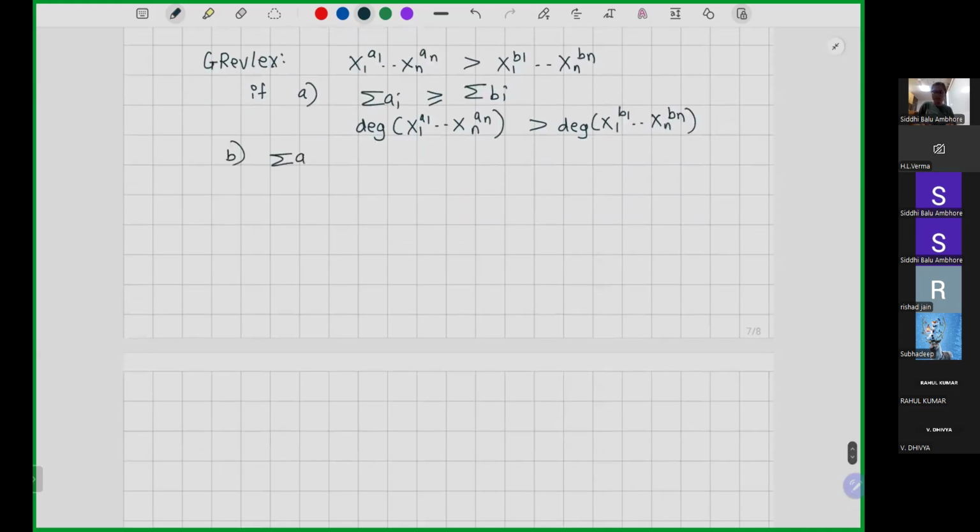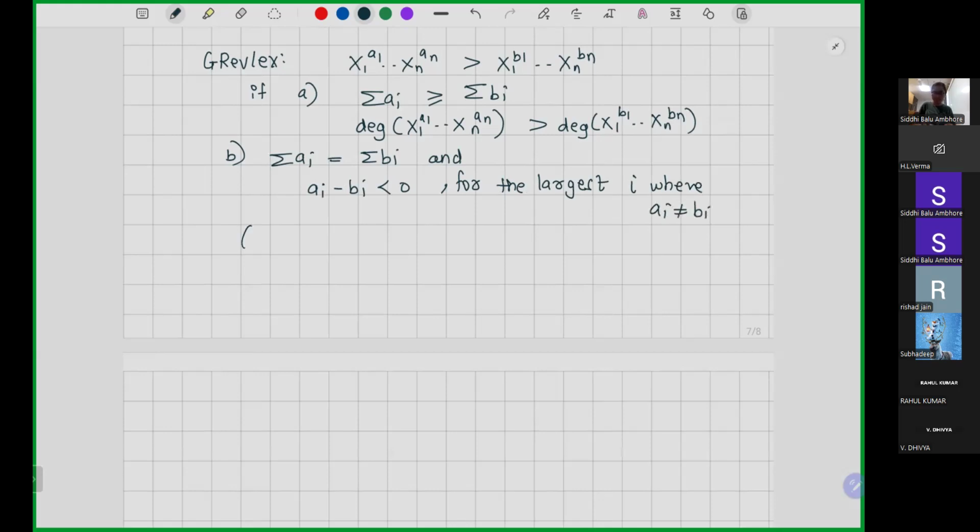And if this degree is equal, then we check whether ai minus bi is less than 0 for the largest i where ai is not equal to bi.